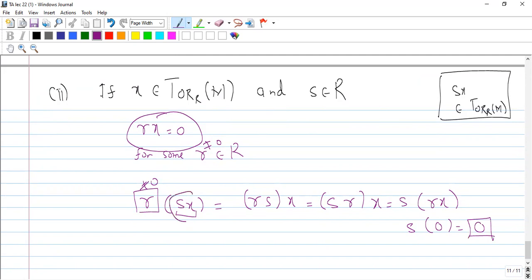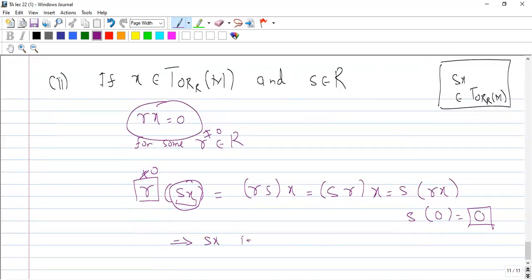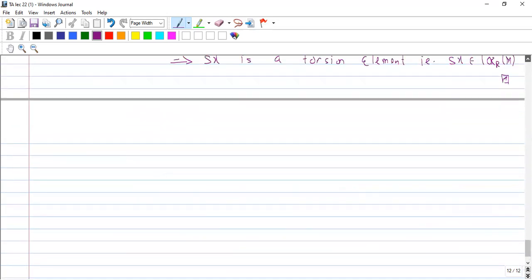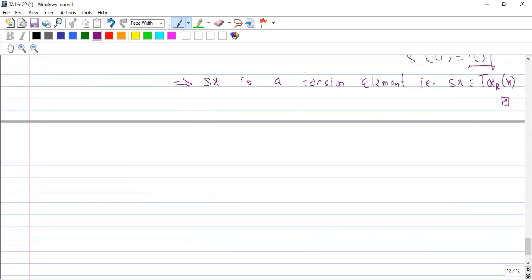It shows that s of x is also a torsion element, that is, s of x is an element of tor of M. So 1 and 2 imply that tor of M is an R submodule of M.